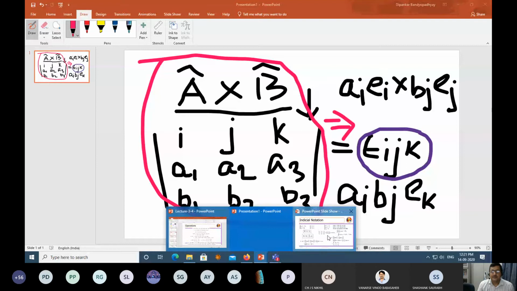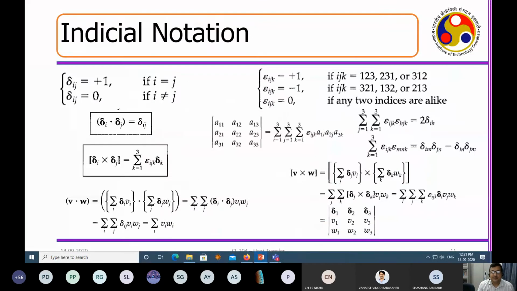But before proving, you need one more piece of information. What is a permutation symbol? The permutation symbol epsilon ijk is 1 when i, j, k are all different and also cyclic, like 1, 2, 3, then 2, 3, 1, then 3, 1, 2.